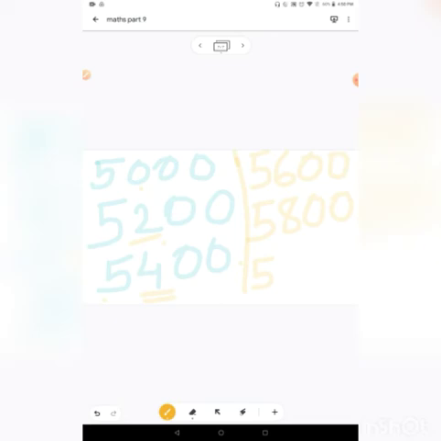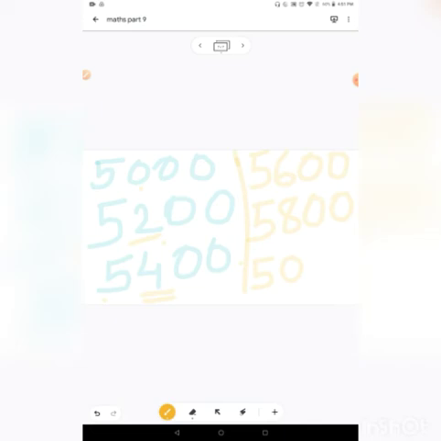When you add in the intermediate places, like the hundreds place or tens place, and you get a 2-digit value, you write the second digit here, and then you change the previous number by adding 1 to it. So here 8 plus 2 is 10.